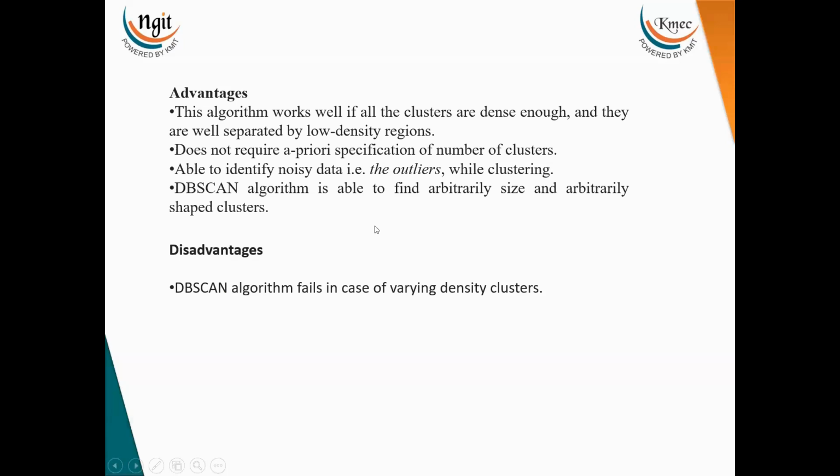Here we need not have a prior specification of how many clusters are required, and this also helps us in identifying the outliers. This DBSCAN algorithm is useful not only for spherical clusters, it can also perform for arbitrarily shaped clusters. Coming to the disadvantages, if you have varying densities in the clusters, then the DBSCAN algorithm may not work well.